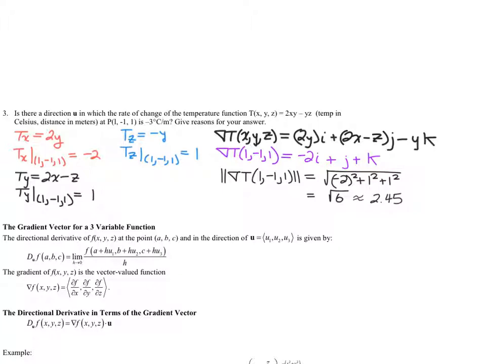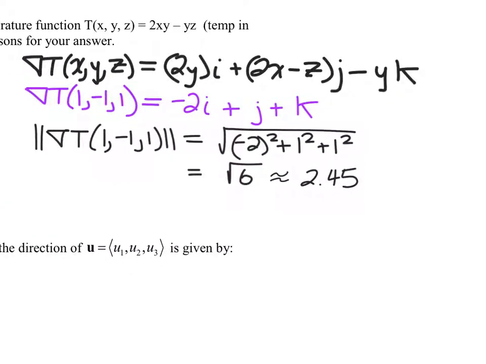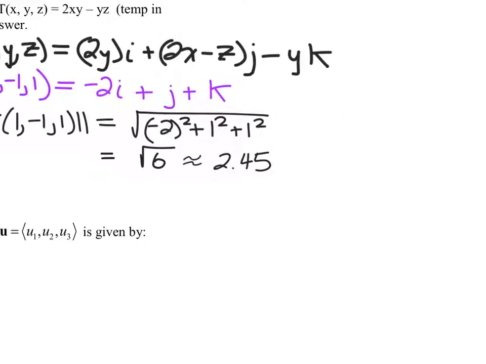And what we got here was the gradient value at (1, -1, 1), right? What this gives is the maximum rate of change at (1, -1, 1). So if I were to take off at any direction from (1, -1, 1), the most rate of change that I could accomplish would be 2.45 degrees Celsius per meter. All right, I didn't include the units.